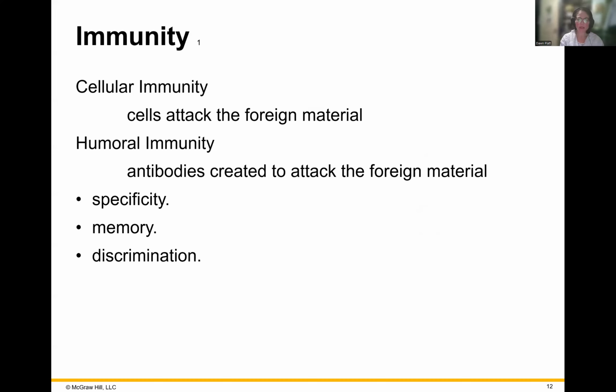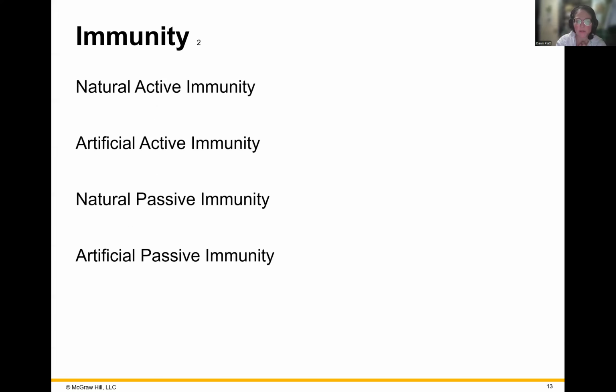So cellular immunity, humoral immunity, and then there are different categories within those, referred to as natural active immunity, artificial active immunity, natural passive immunity, and artificial passive immunity.